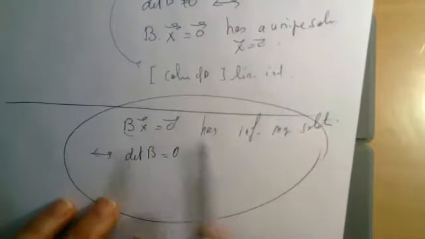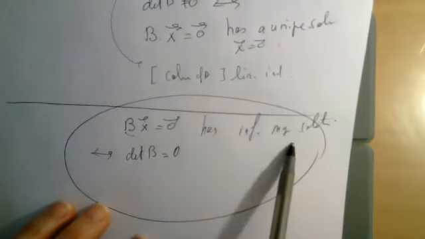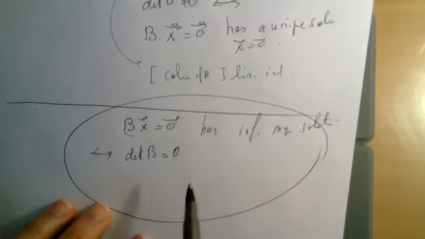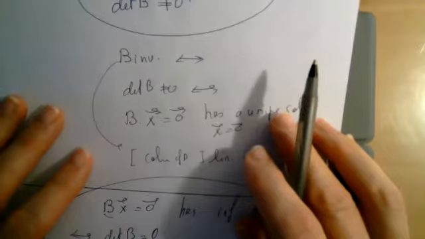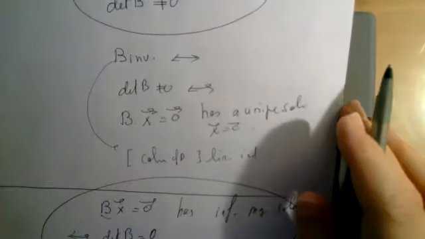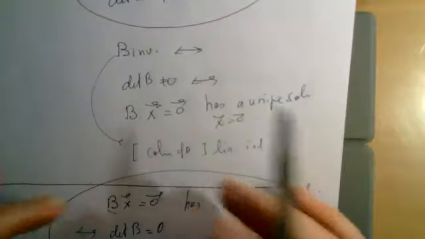So if the system has infinitely many solutions, its determinant is equal to 0. This is the aspect of determinant that we will use in this class. Even though we learned a lot more about its properties, it's this aspect that we are going to use.